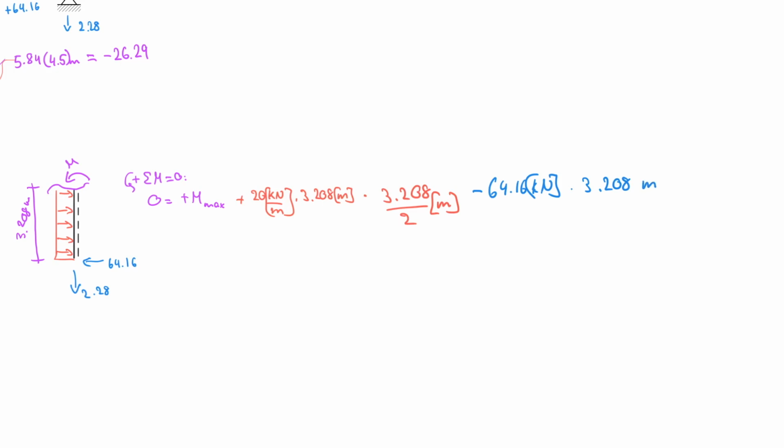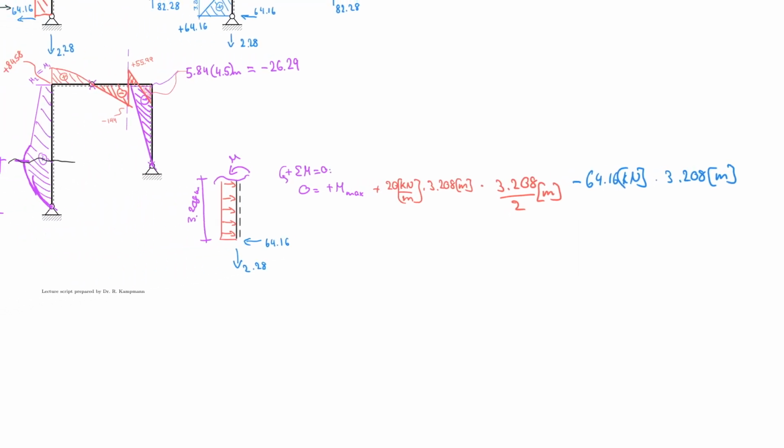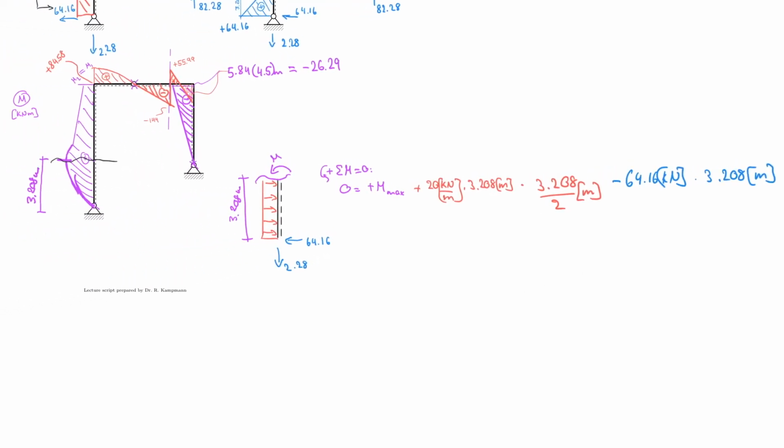3.208 meters. And if I solve all this, I will find the maximum moment, and the maximum moment happens to be positive 64.16, if I'm not mistaken. Sorry, that's not true, 102. So M max is equal to 102 kilonewton meter.